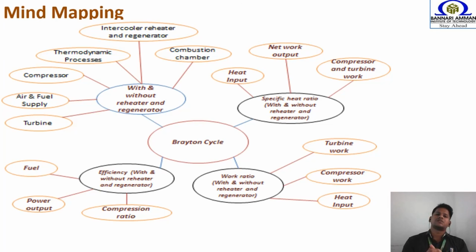Very important is how much heat energy is really supplied, that is called specific heat ratio, and how much energy you take from the turbine to run your compressor, that is called work ratio. So you should be very careful with the modifications on your Brayton cycle with the intercooler, reheater, and regenerator.